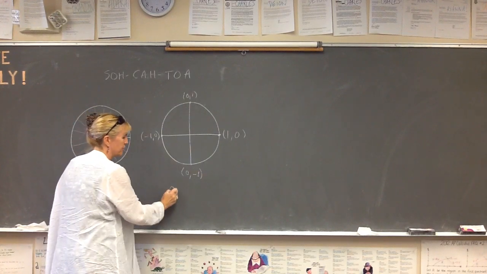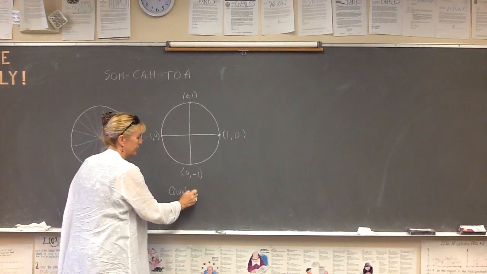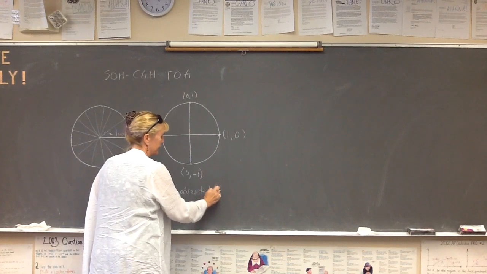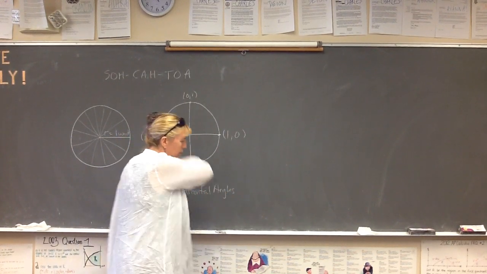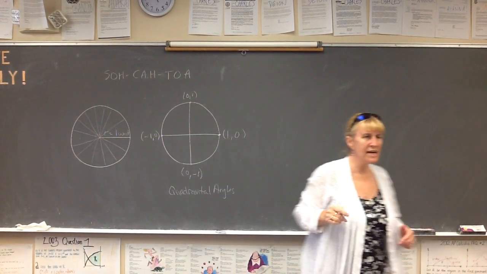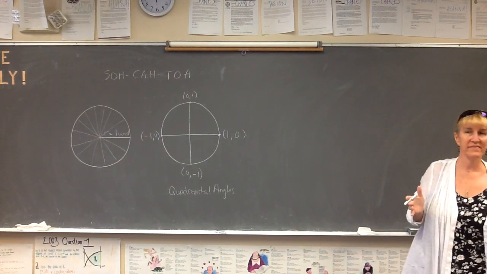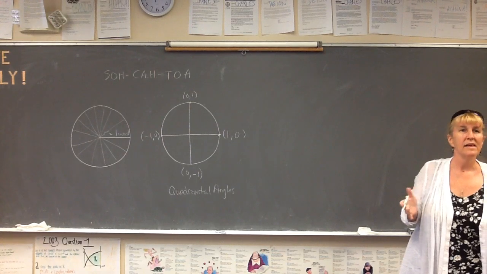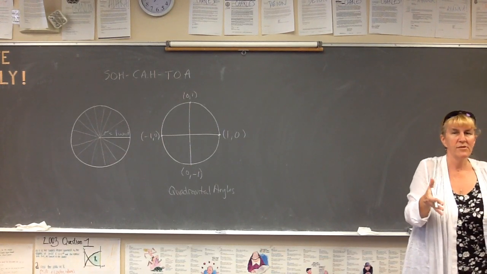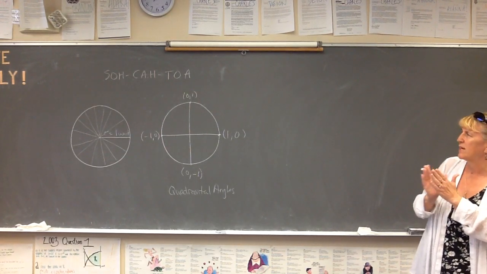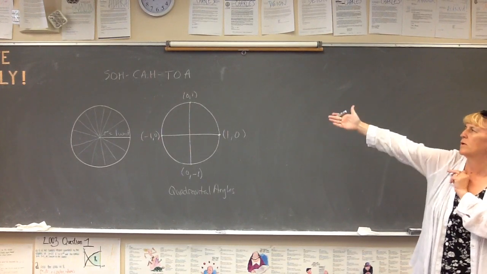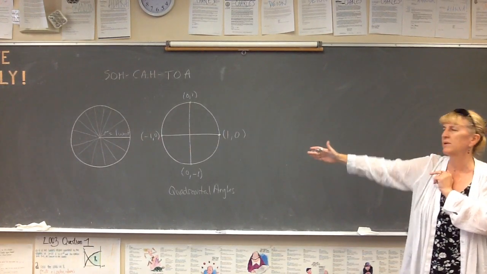These are known as your quadrantal angles. Anybody have an idea why they might be called quadrantal angles? They divide the quadrants, right? So they're right at the division between quadrant 1 and 4, or 1 and 2, or 2 and 3, or 3 and 4.